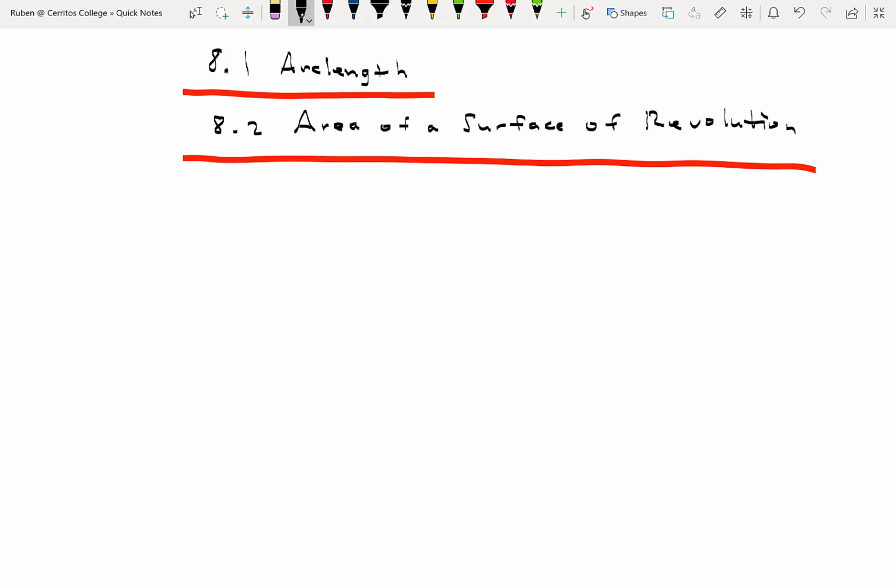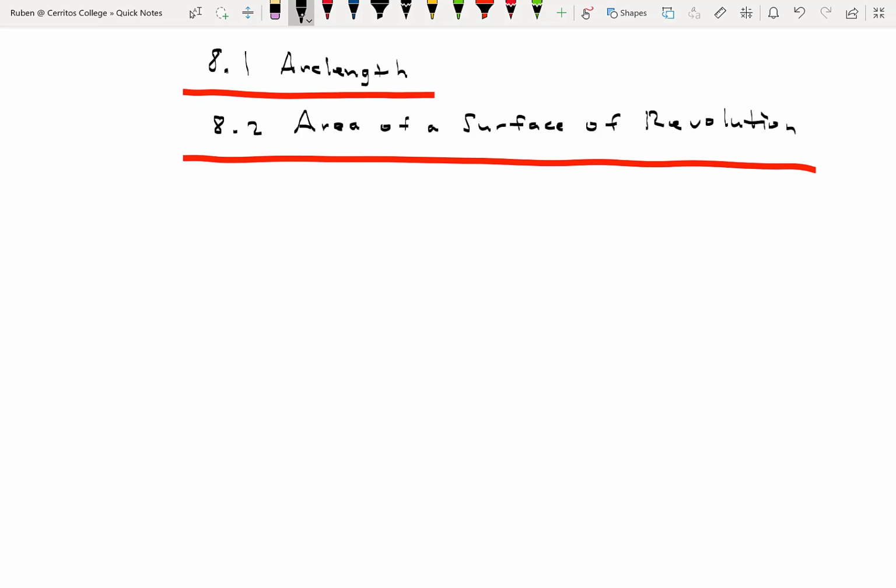The first was area between two curves, and the second one involved volumes of solids of revolution, or solids that are born of cross sections. If you took me for Calculus 1, we didn't look at the concept of volume by cross sections. We looked at volume of surfaces of revolution. In any case, in these two sections, 8.1 and 8.2, we look at two more applications.